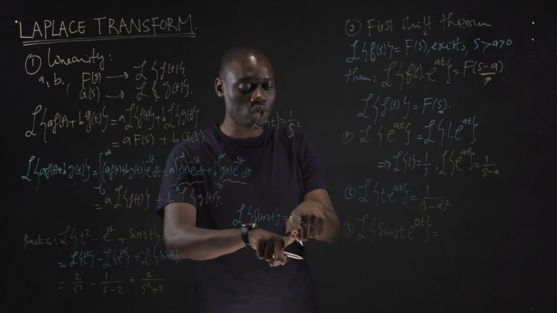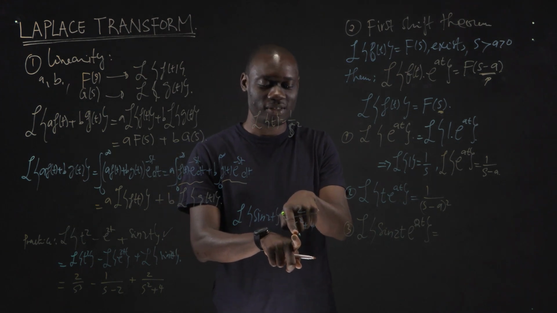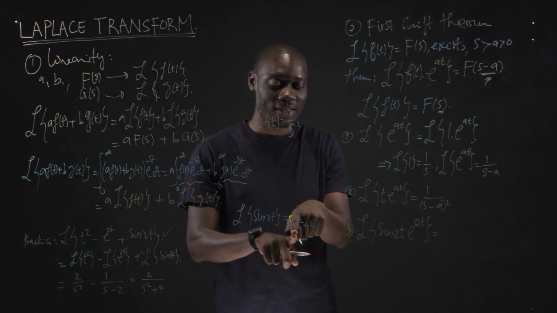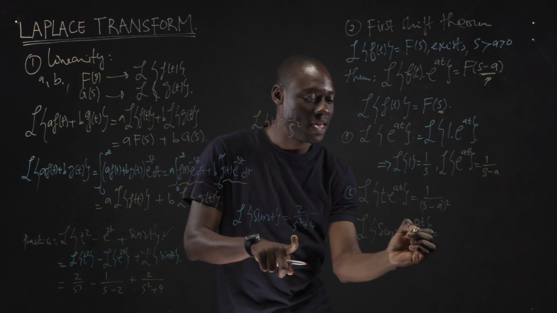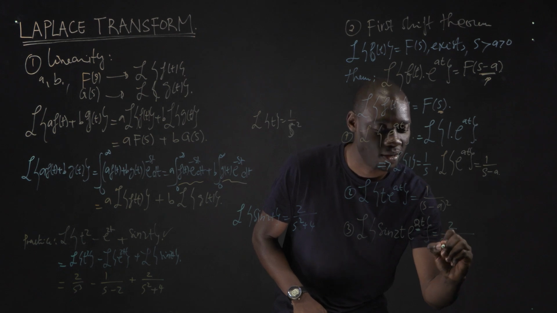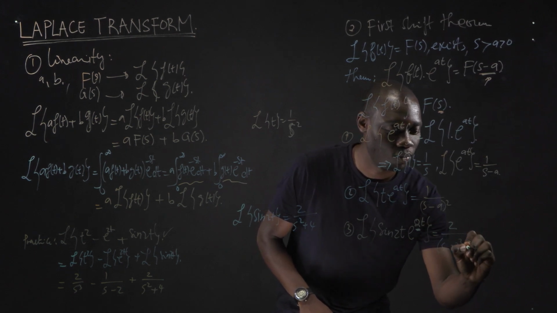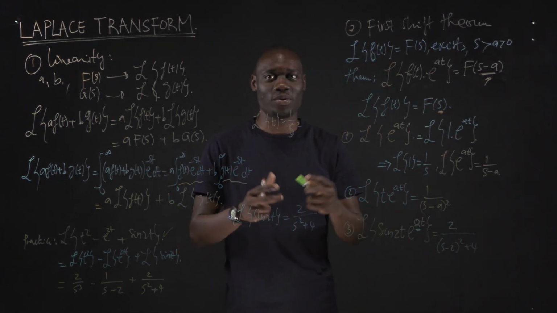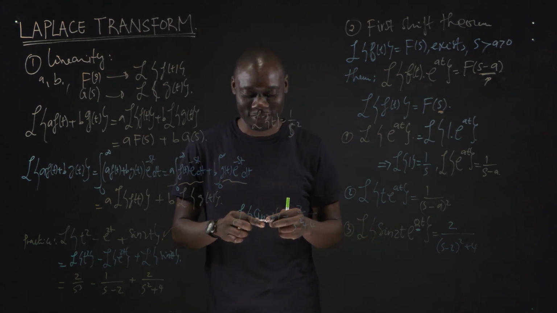It means I have now to substitute this s by s minus a, and my a here is 2. So this is equal to 2 divided by (s minus 2) squared plus 4. So this is how you apply the first shift theorem as well.